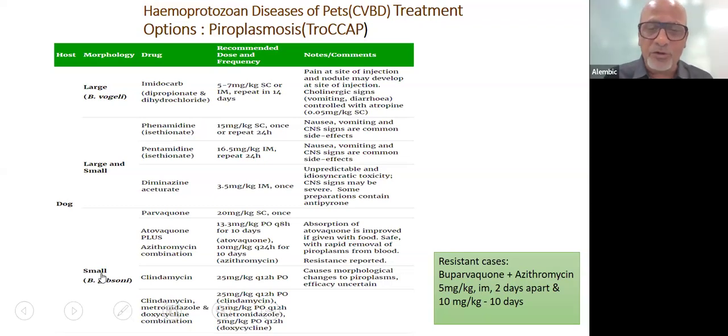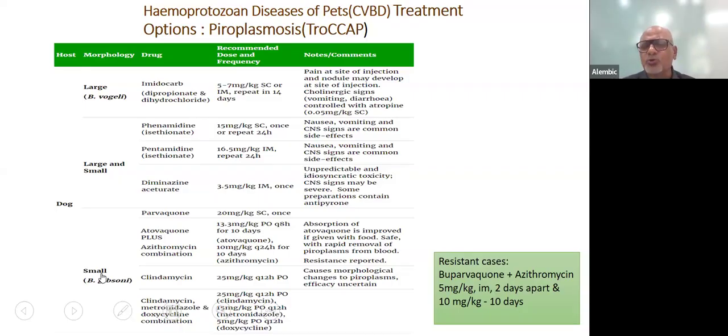One is a combination of atovaquone and azithromycin. Atovaquone is used at the rate of around 40 milligram per kg for 24 hours, divided into 3 times, so 13.3 milligram per kg body weight every 8 hours.